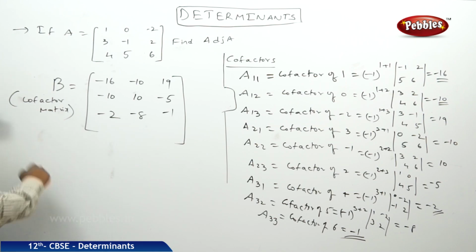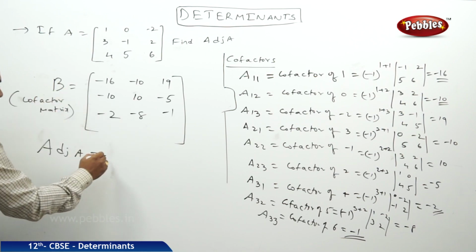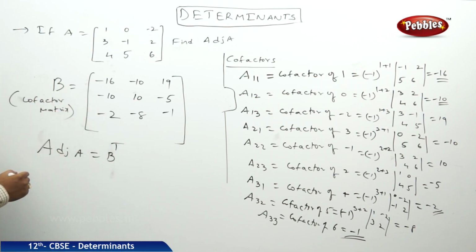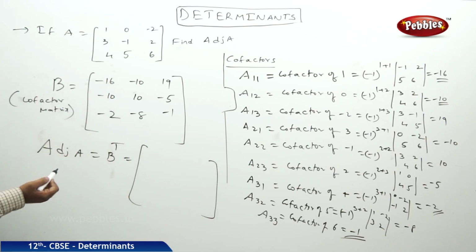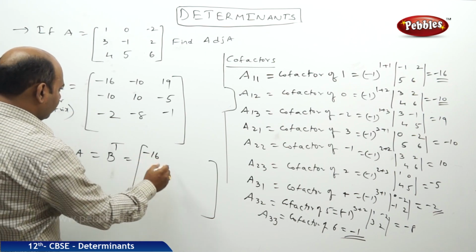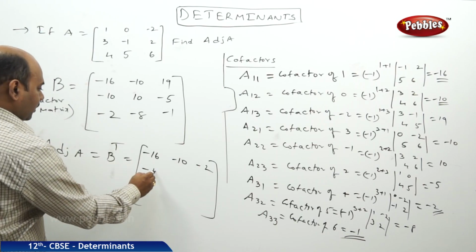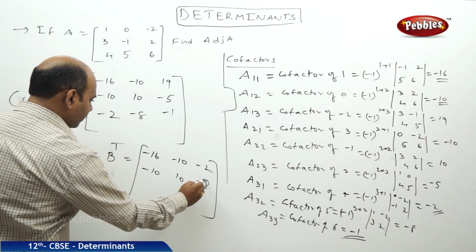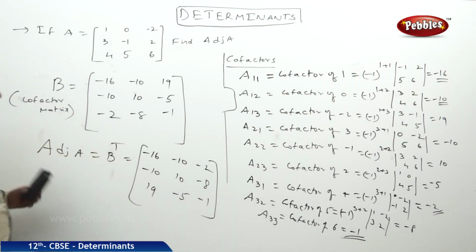So if I transpose this matrix, that gives adjoint of B. If I want to find adjoint of A, I need to transpose the matrix capital B. Transposing means interchanging rows into columns and columns into rows. That means minus 16, minus 10, minus 2, minus 10, 10, minus 8, 19, minus 5, minus 1. This is the meaning of adjoint of A.